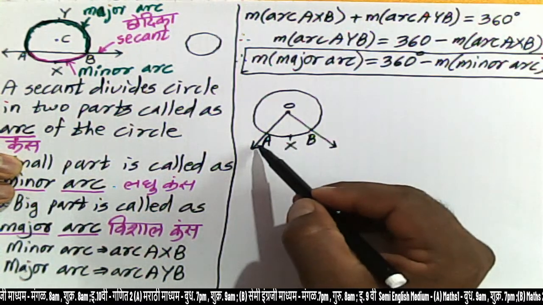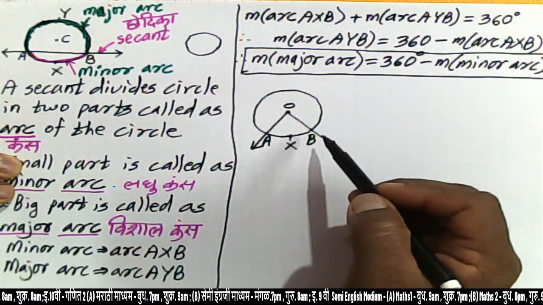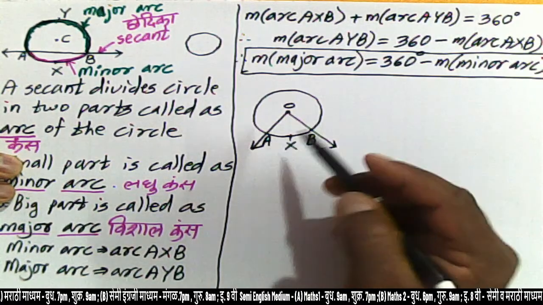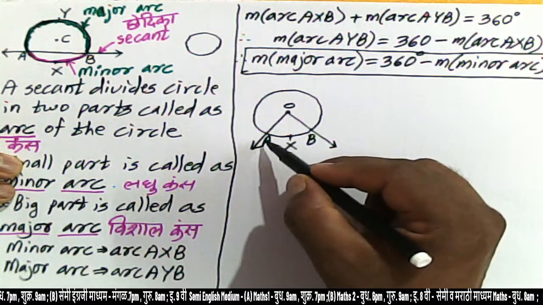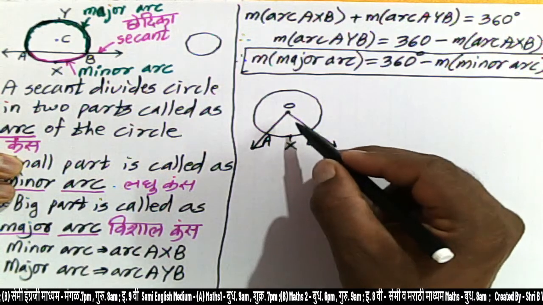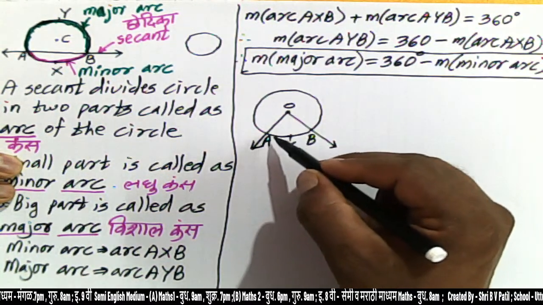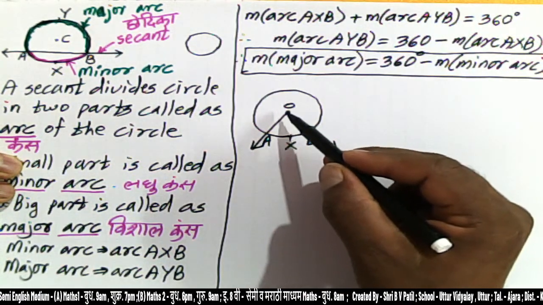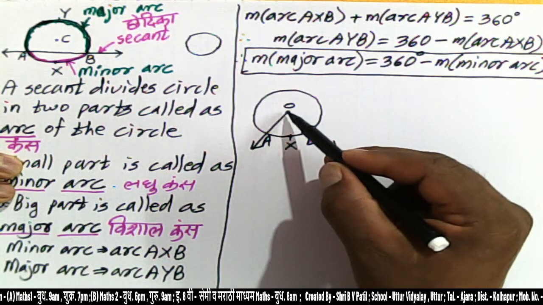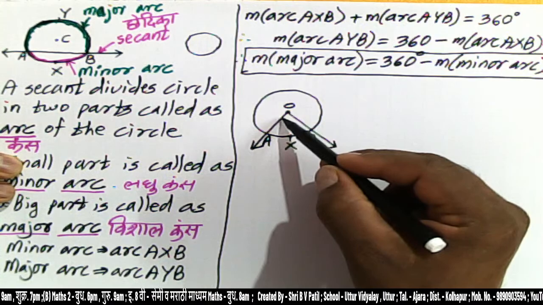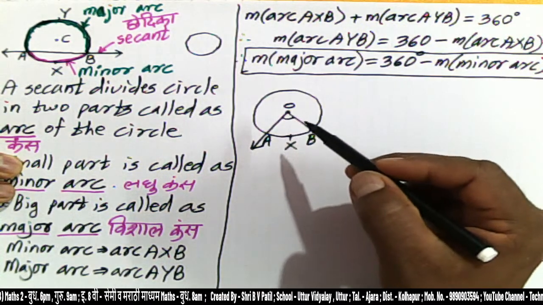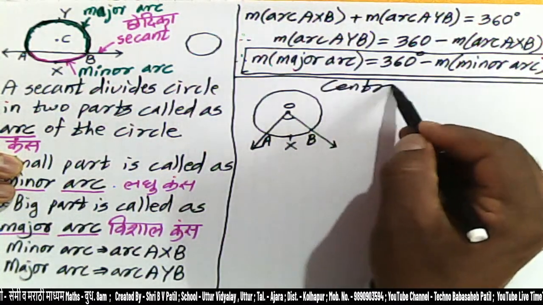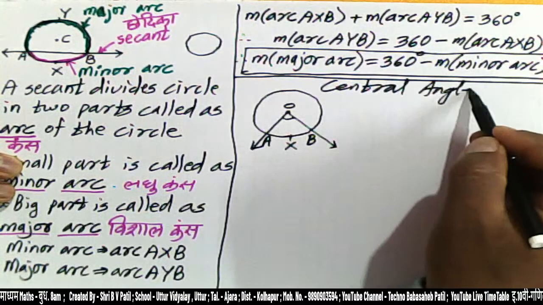Here angle AOB is the angle, and its vertex is O, and that vertex O lies on the center of the circle, then that angle is called a central angle.